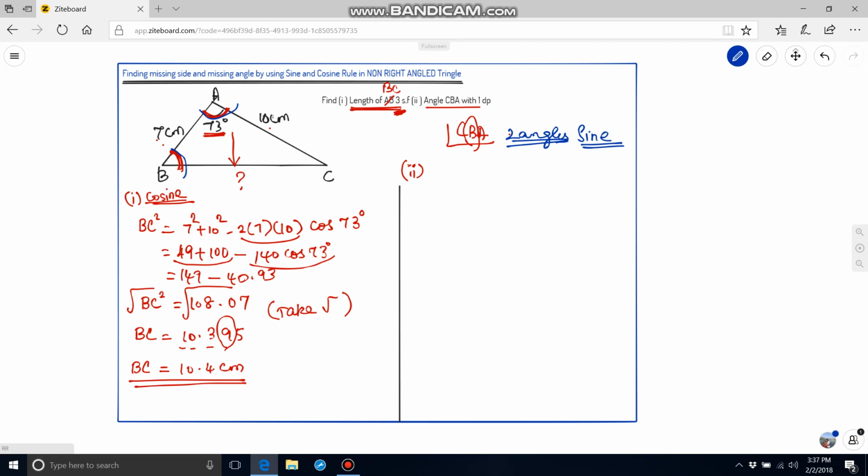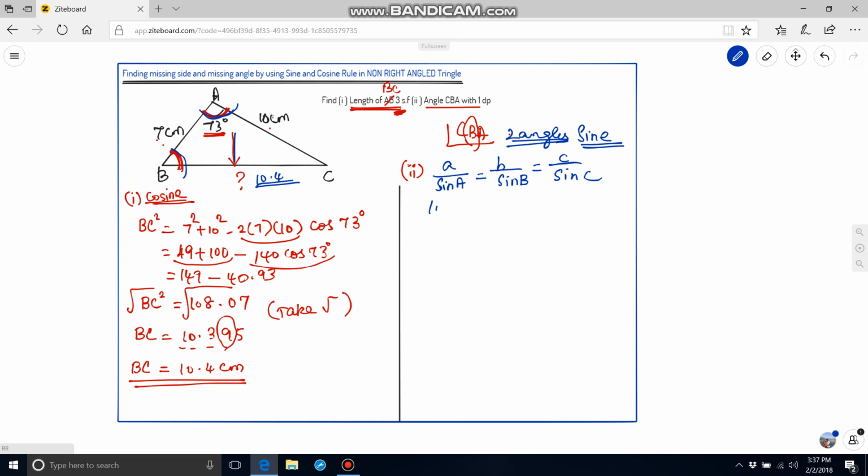To apply the sine rule, two angles and two sides are important. So we can start the sine rule. a over sine A, b over sine B, c over sine C. Here angle A's opposite side we came to know is 10.4.